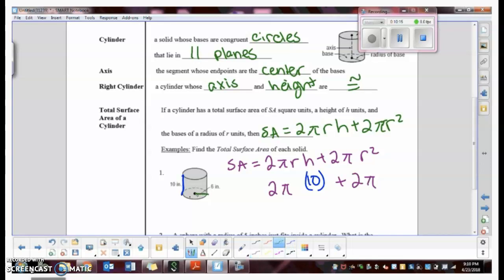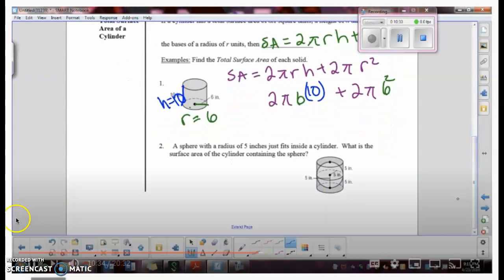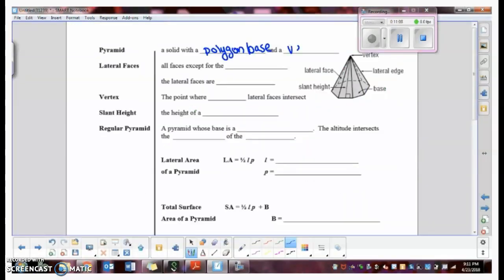So we multiply the height by just the distance around the shape. So that's where the 2 pi r h comes from, because the circumference of our circle is 2 pi r. Don't forget that. So let's move on to pyramids.